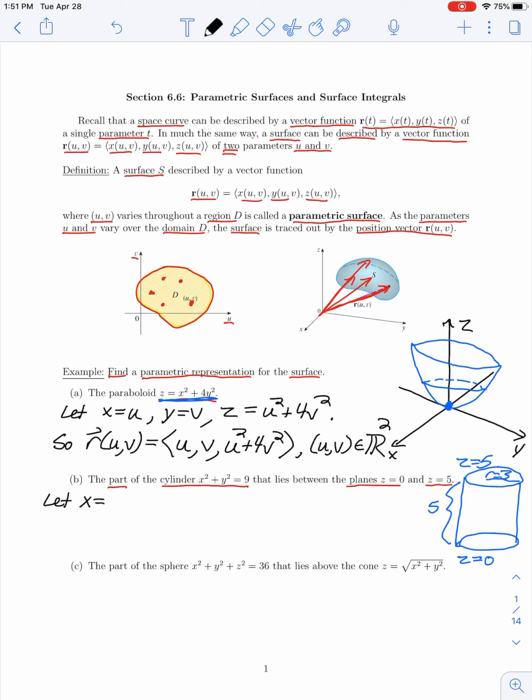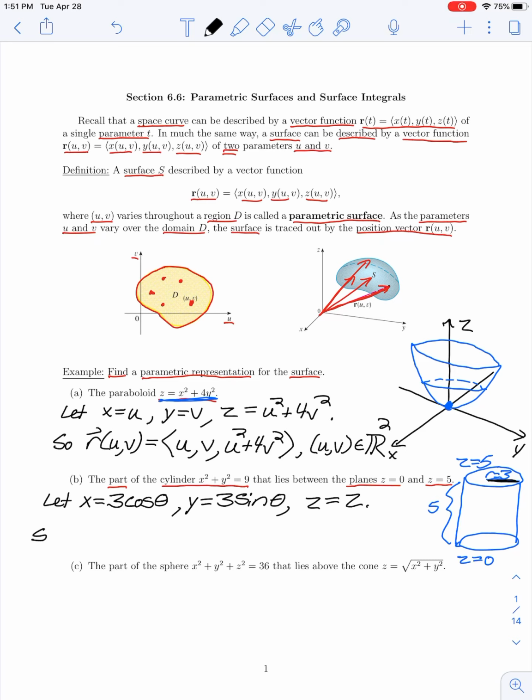We know that x would be given by r times cosine of theta, but in this example we had a radius of 3, so x is 3 times cosine of theta. Y is given by 3 times sine of theta. And z is just equal to the rectangular coordinate z. That is how far we've moved above or below the xy plane.